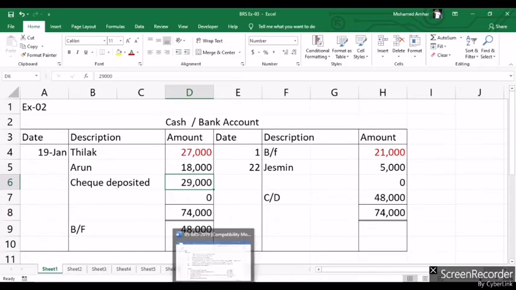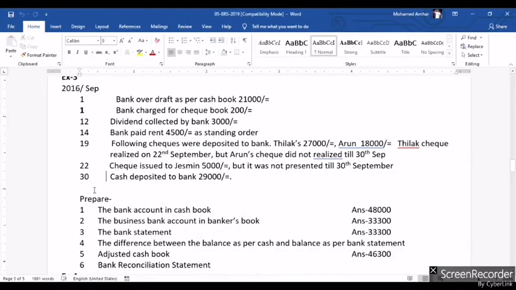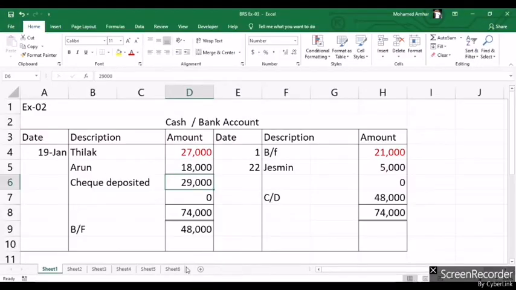We'll see the question, here the amount is 29,000. It should be cash deposited, so we shall correct it, not check deposited.